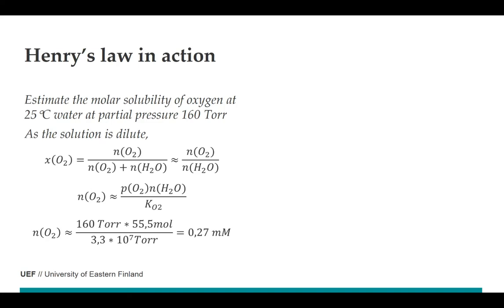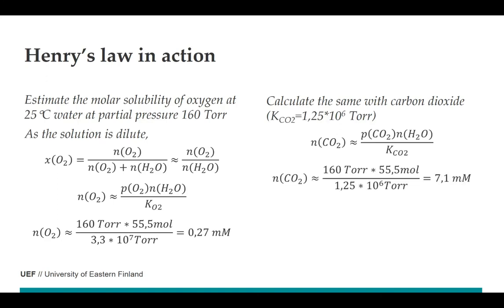Or we can use the same equation for carbon dioxide. Now we can see that Henry's constant is a little bit different. And this means that now you can have 7 millimole of carbon dioxide in a liter of the water, or the solution.